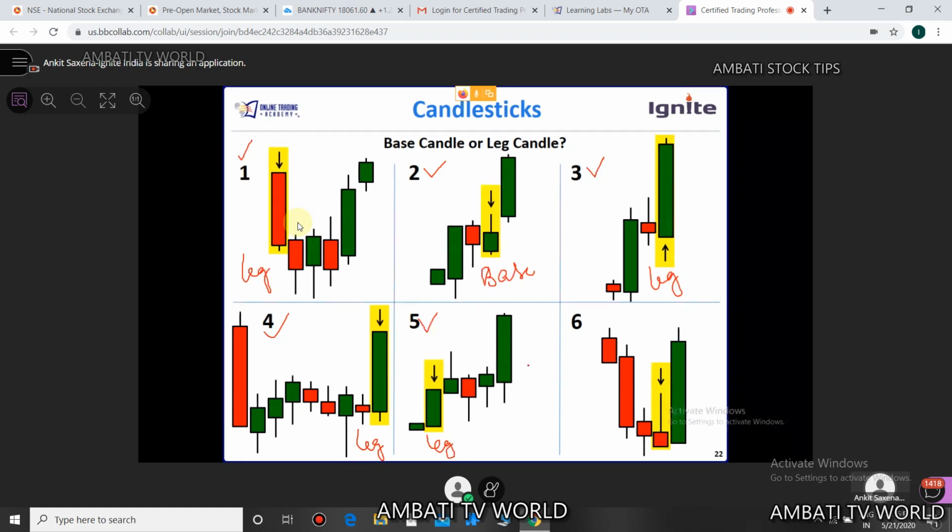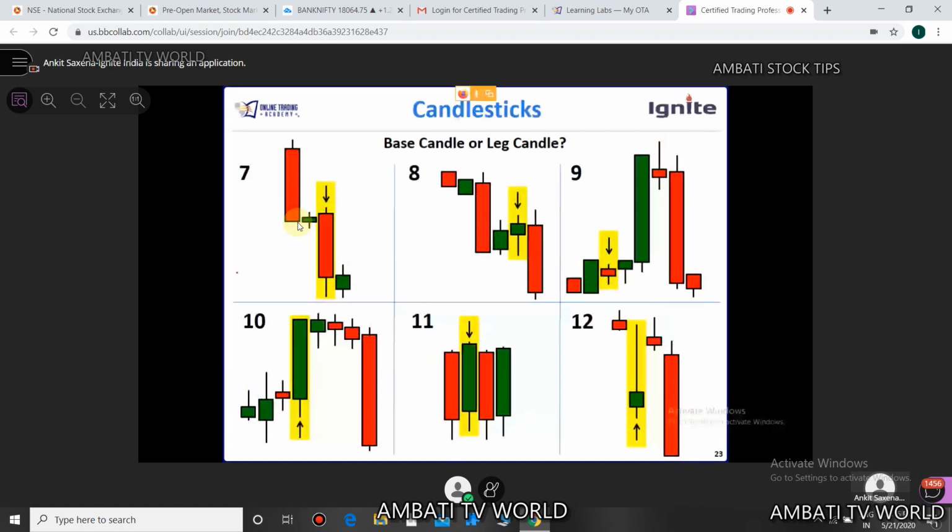Absolutely fantastic, friends. Sixth picture. It's a base. Yes. Okay, now the seventh picture.